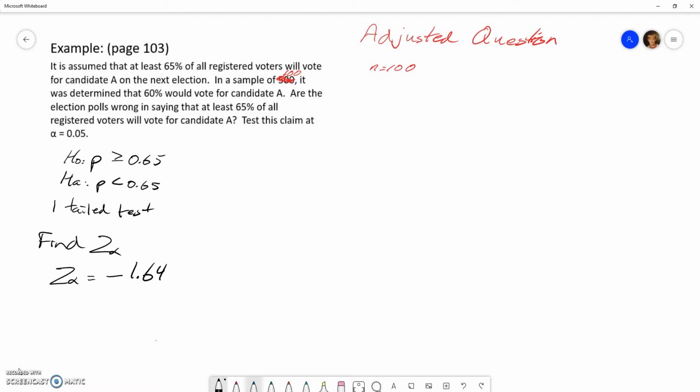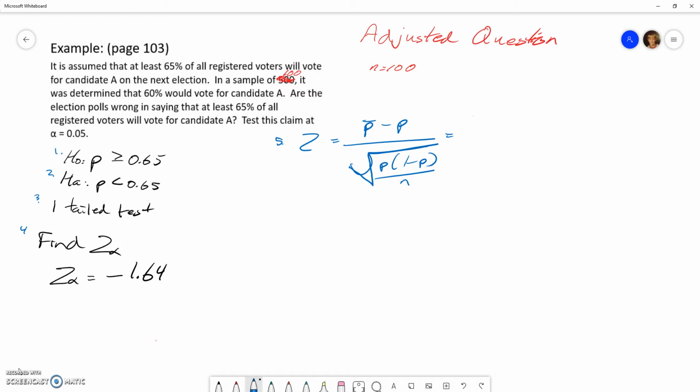Step 5, let's number these again here. 1, 2, 3, 4. Step 5 is to calculate the test statistic, which is once again based on this formula. Let's make that obvious.